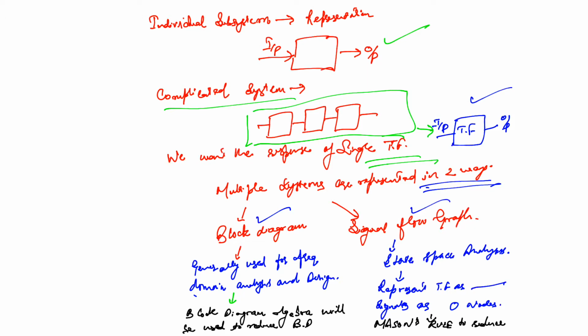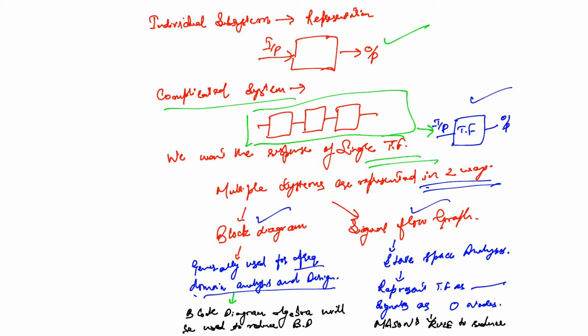Although neither representation is limited to a particular analysis and design technique, generally the block diagram is used for the frequency domain analysis and design, and the signal flow graph is used for the state space analysis. However, neither representation is limited to a particular analysis and design, as said earlier.